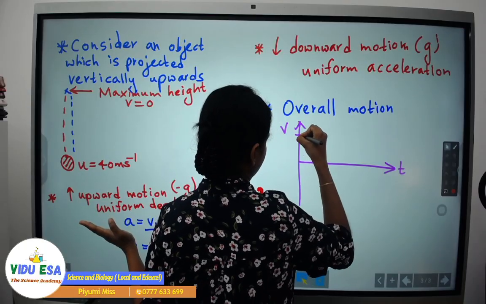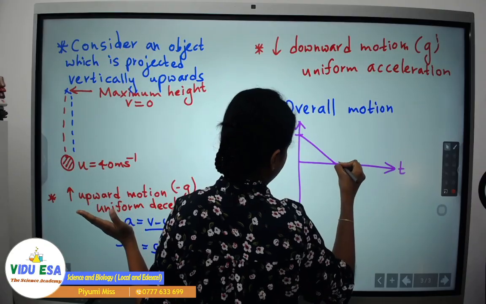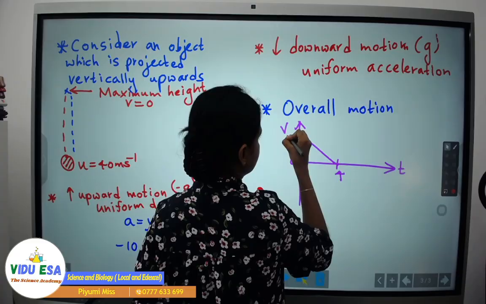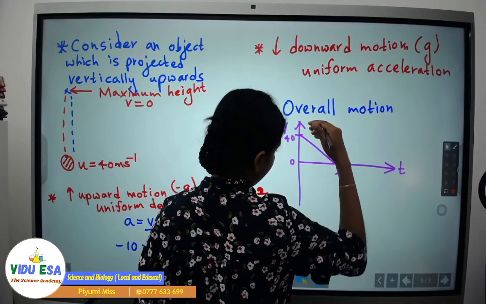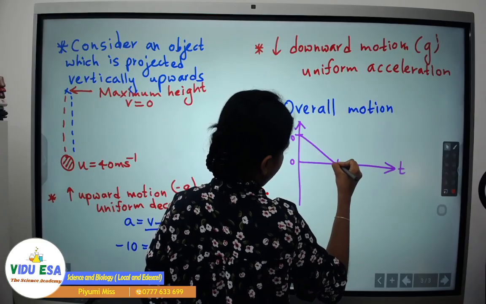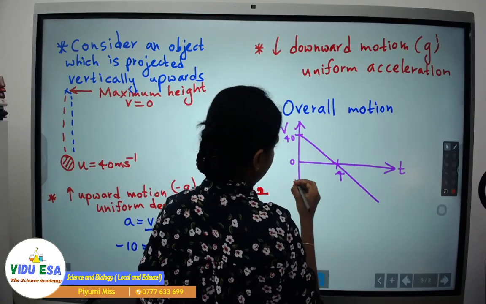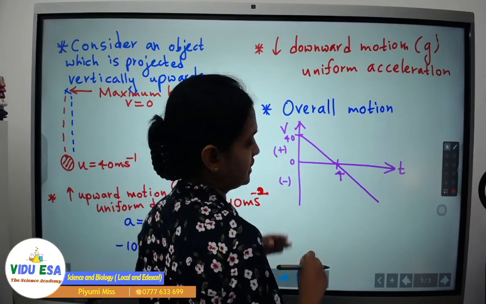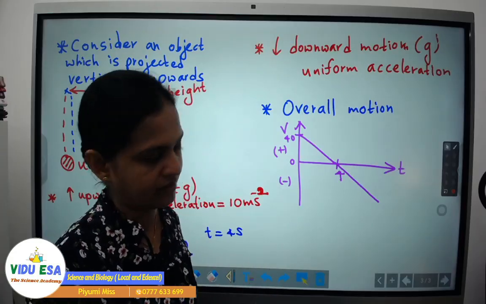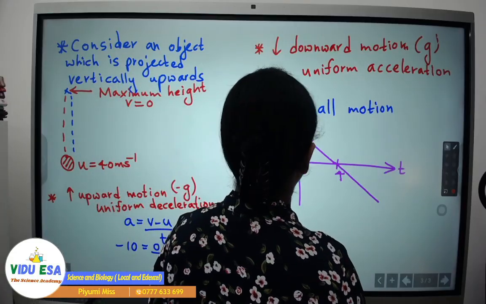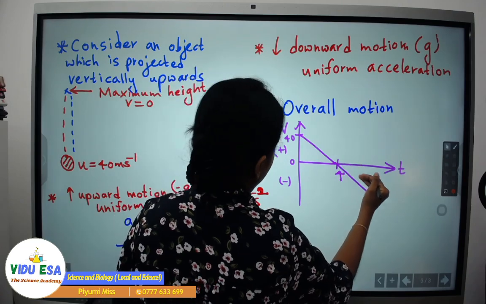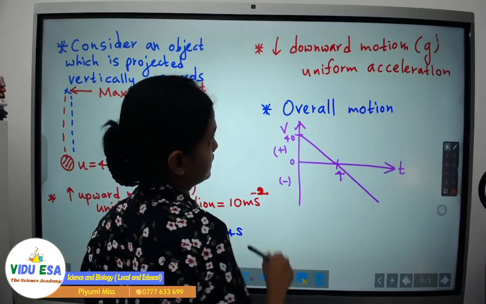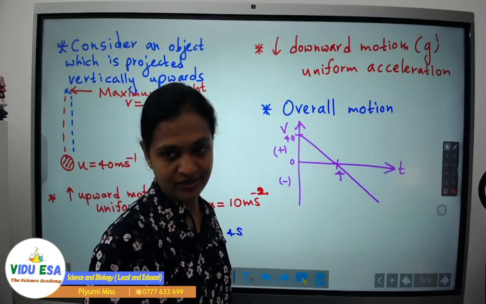It started from 40, and when time equals 4 seconds, the velocity became 0, right? Then in the opposite direction, the velocity increases with time. Here negative means the direction, right? The direction is indicated by positive and negative. So in the opposite direction, the velocity increases with time since it is a uniform acceleration.